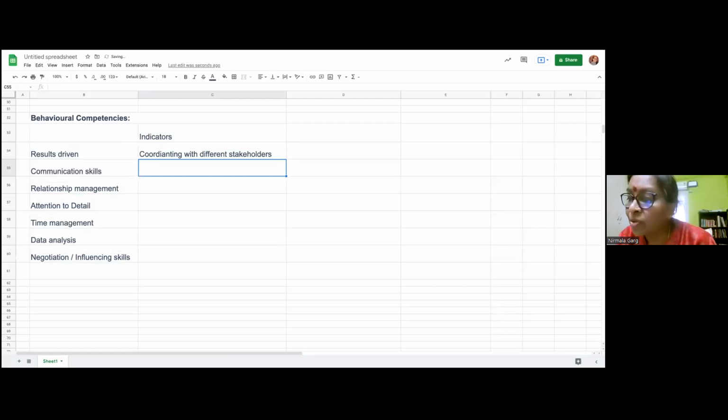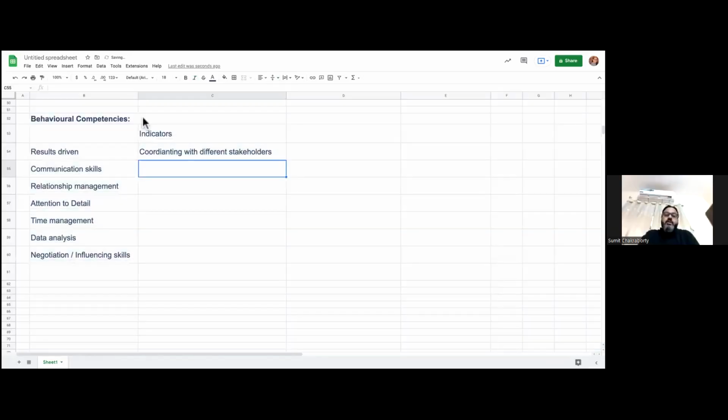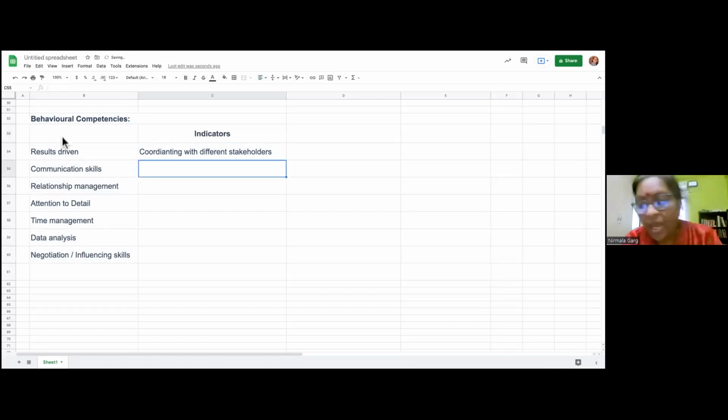So when you're writing communication skills, what will you write? What is the behavior? Effective communication. Ability to influence. Absolutely. Ability to persuade and influence through his communication skills. Ability to effectively communicate. Relationship management.